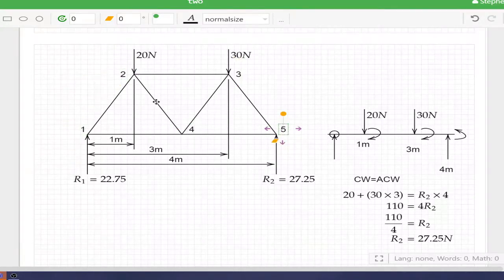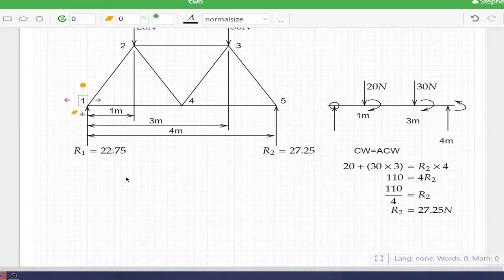As long as you're consistent in your labeling, it doesn't matter. So I'm going to start at the joint that I've labeled joint number 1. So as always, I'm going to draw a zoomed in view, then I can focus on what I'm doing, and then we'll work things out from there.